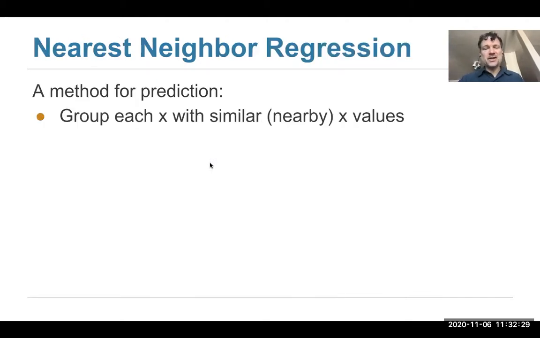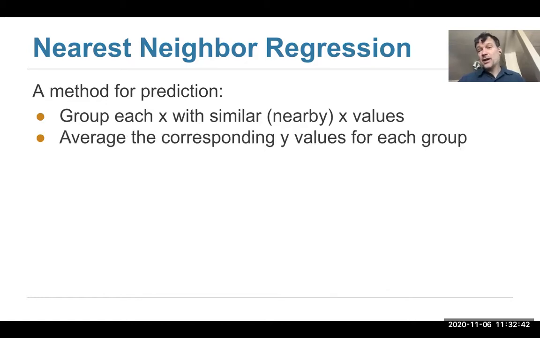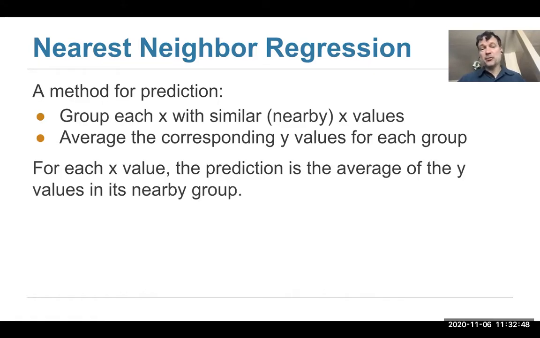The way it works is, given an X value, if you want to make your best guess at what the Y value associated to that is, you find other similar nearby X values in your data set. You look at the corresponding Y values for those similar ones. You average their Y values, and that will be the prediction. So the prediction for an X value is the average of the Y values of the similar points.